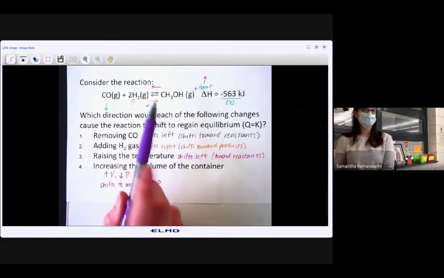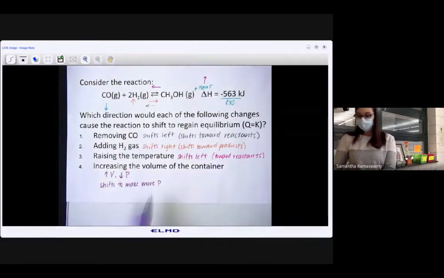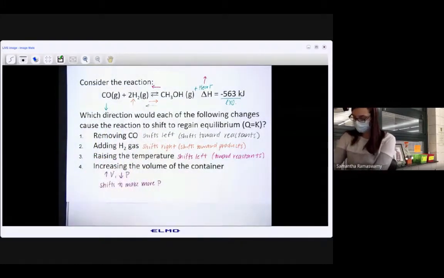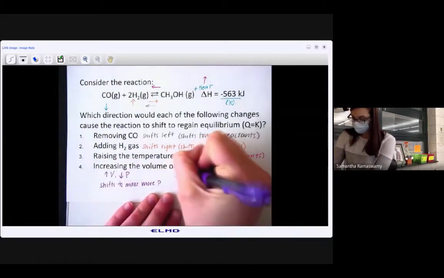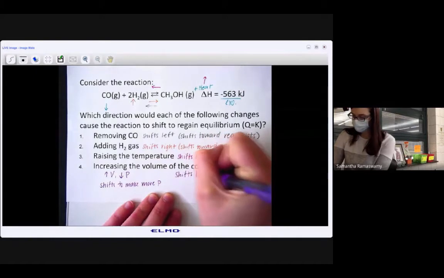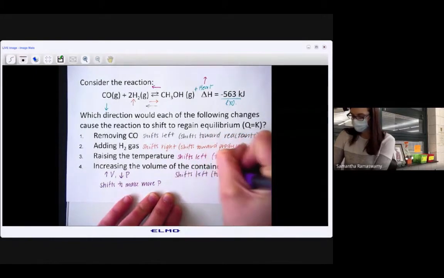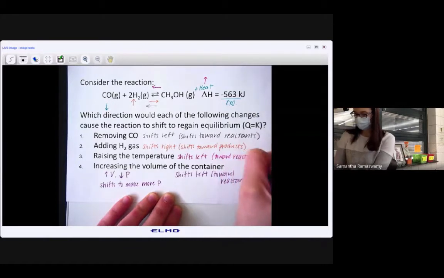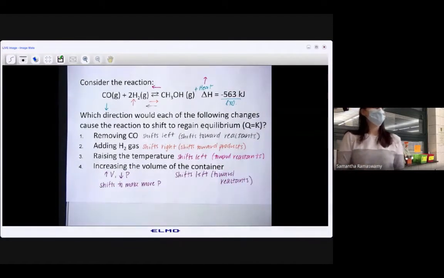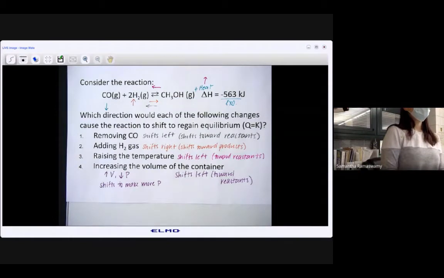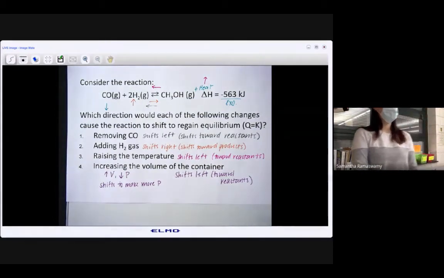Just look at the coefficients. So if we want to make more pressure, we need to shift toward the reactants. So we'll say shifts left toward reactants. All right, so we have left, right, left, left.